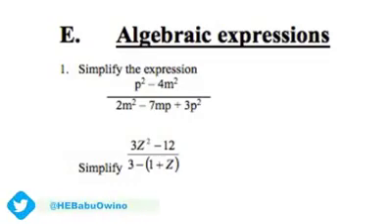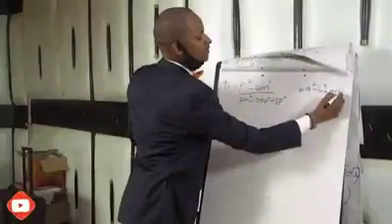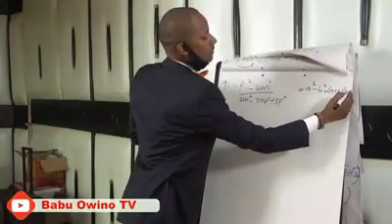When we are solving this algebraic expression, you look at the numerator and then you look at the denominator. We can see the numerator is a difference of two squares. A difference of two squares means a squared minus b squared, which can be written as a plus b into a minus b.